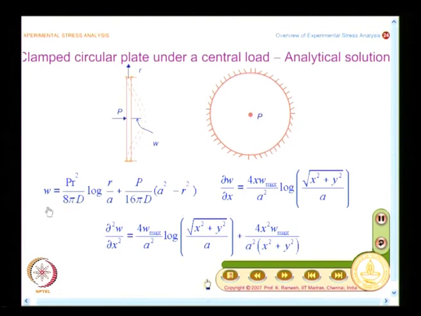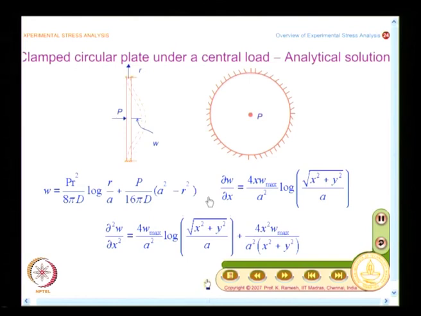And what you have here is the expression for W, the out of plane displacement, the expression for dou W by dou x, and the expression for the curvature dou square W by dou x square. In all these cases you have a logarithmic term appearing, and the expressions are definitely complex.